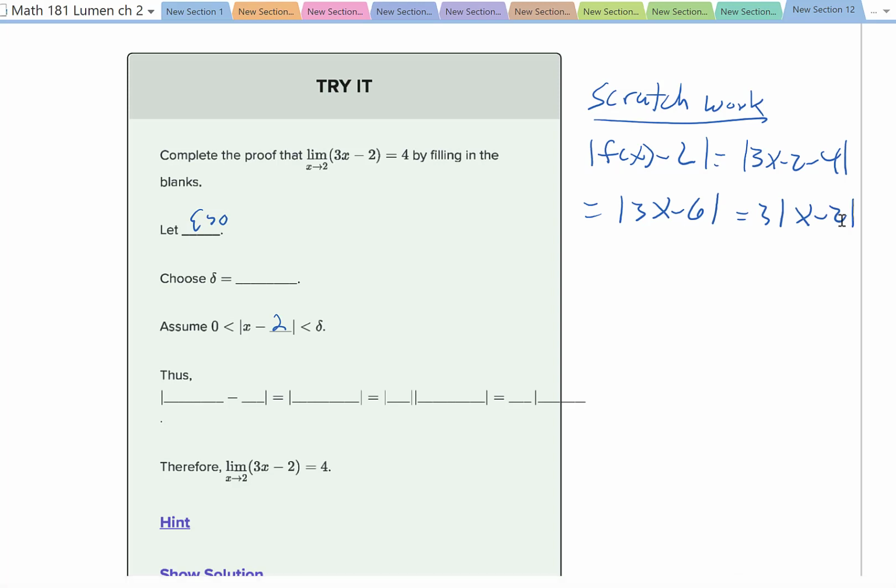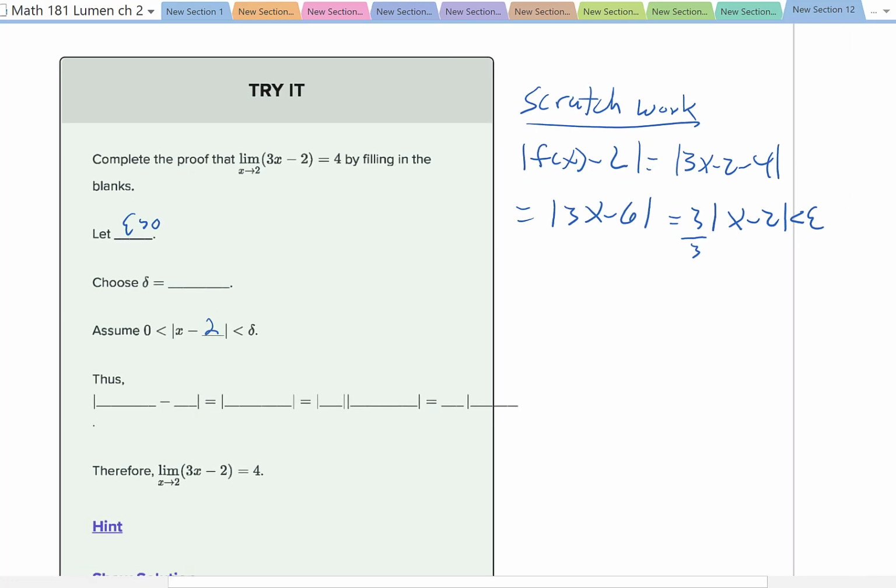And recall that this is going to be less than epsilon. So that means if we divide by 3, then we would have the absolute value of x minus 2 is less than epsilon over 3. And again, I'm making the connection here between this x minus 2, this x minus 2. So this becomes our delta. So that's going to be epsilon over 3.